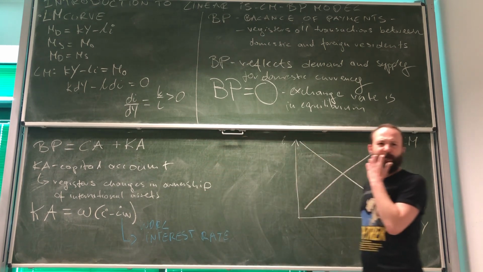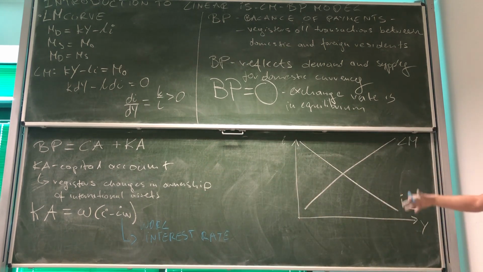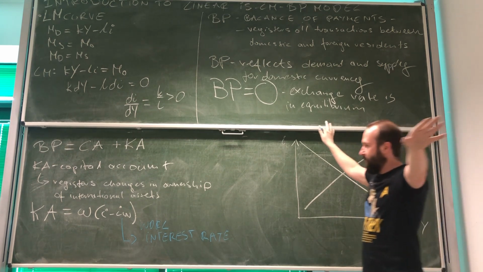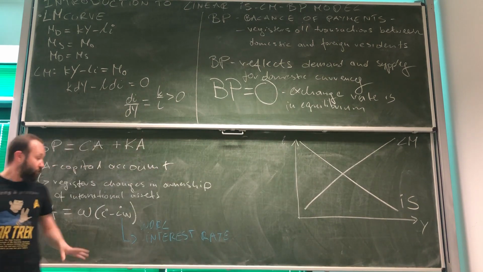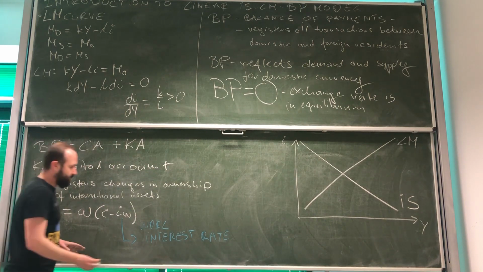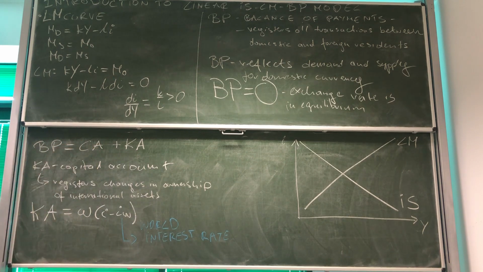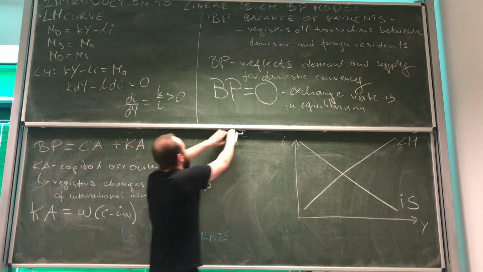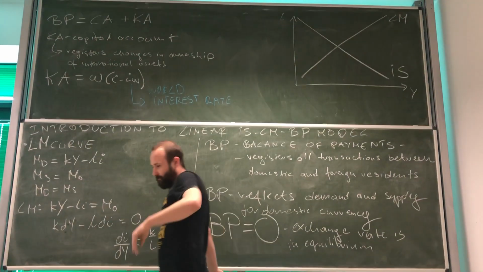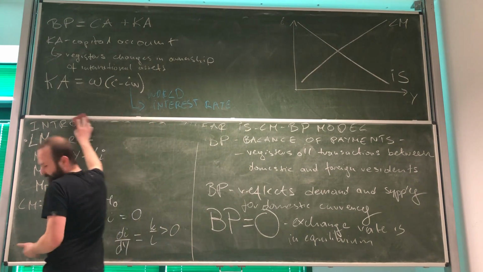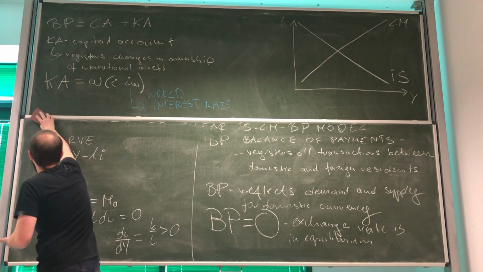So we are assuming that there is some exogenous, or given, interest rate from the rest of the world, and now what we want to know is how the interplay between the domestic interest rate and the foreign interest rate will create some movement in the capital account. Okay, so how do we do it? Let's consider a couple of cases.